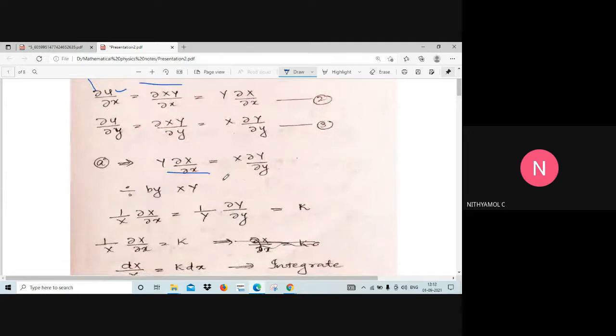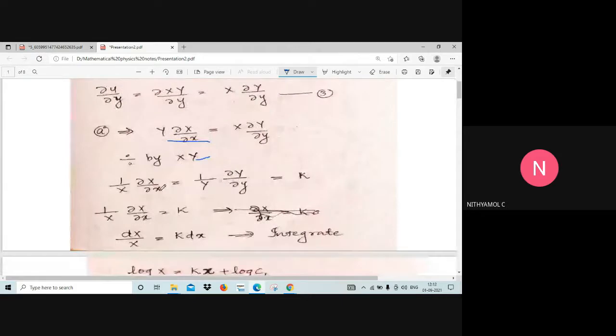So, dividing both sides of the equation by XY, 1 by X dou X by dou x equal to 1 by Y dou Y by dou y, which can be equated to a constant, k. Then the first equation is 1 by X dou X by dou x equal to k, and here X is dependent on only x.